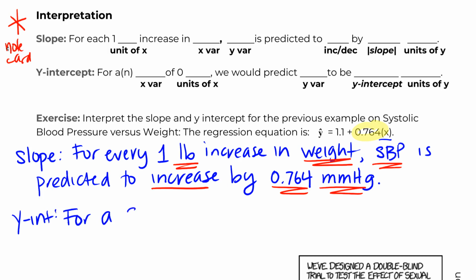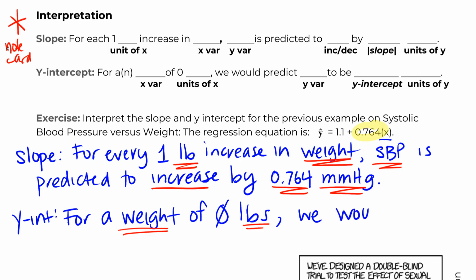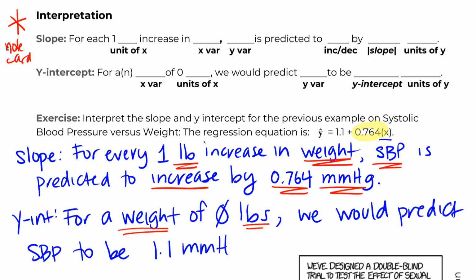For our x variable, which was weight, for a weight of 0 pounds, so all I've done is put in my x variable and my units, we would predict our y variable, that was our systolic blood pressure, to be 1.1 millimeters mercury. So again, y variable.